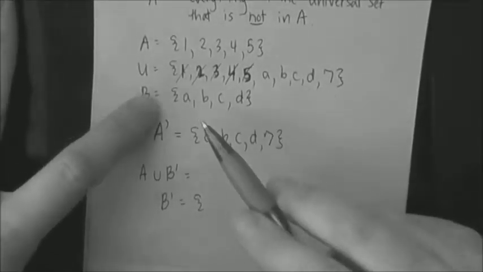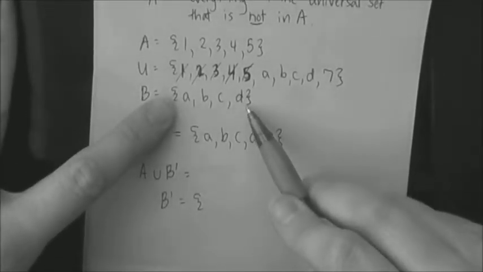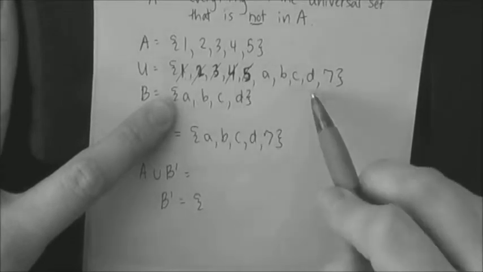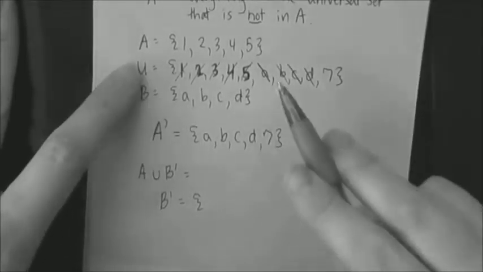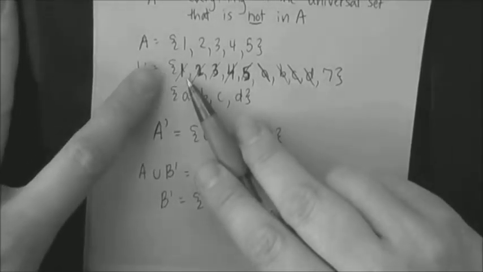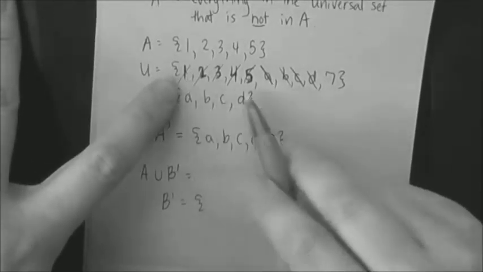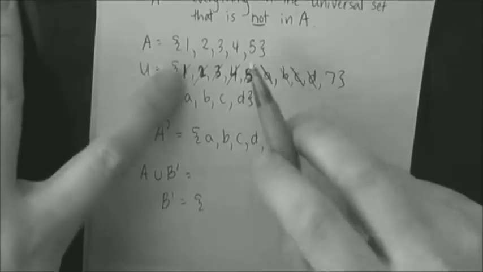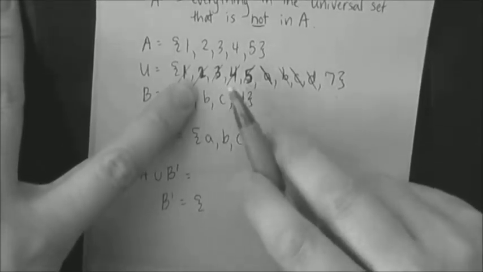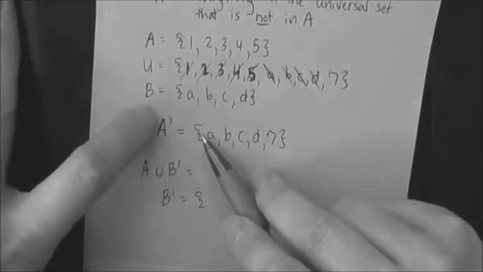Okay, now B has A, B, C, D in it. So I look through my universal set, and I'll put my lines the other way, crossing those out. We only crossed them out before because we were looking for A complement. They're still in the universal set. They just aren't in A complement.